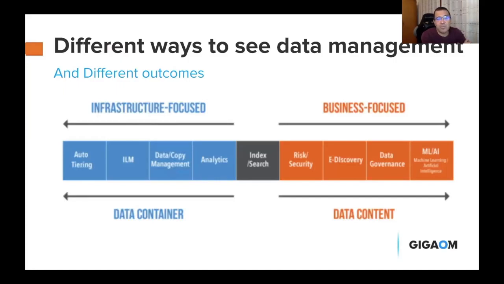On the second part, the orange one, we are talking more about the content of the data, and so you get a different outcome that is more interesting to the business. We are talking about discovery, for example, data governance, risk and security, and so on, while the first part is all about making operations easier.